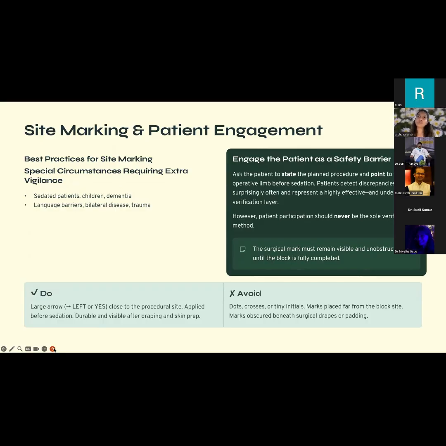If not, we ourselves can look, confirm, and just have a conversation with the patient, because more likely than not, the patient is not going to be wrong about which side they have the issue on, and which side they need the surgery. So you try to confirm it with them, and it's also an engaging thing. It puts them at ease, and at the same time you're communicating with the patient and you're also confirming your site for the procedure, right?